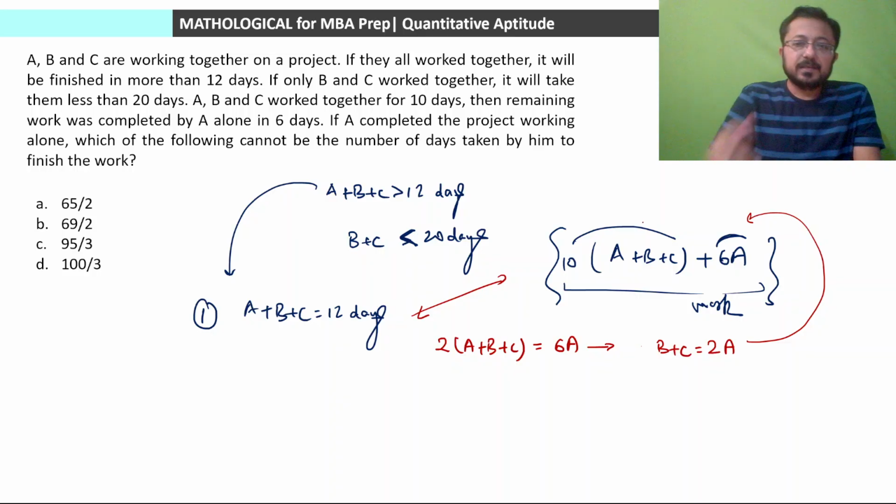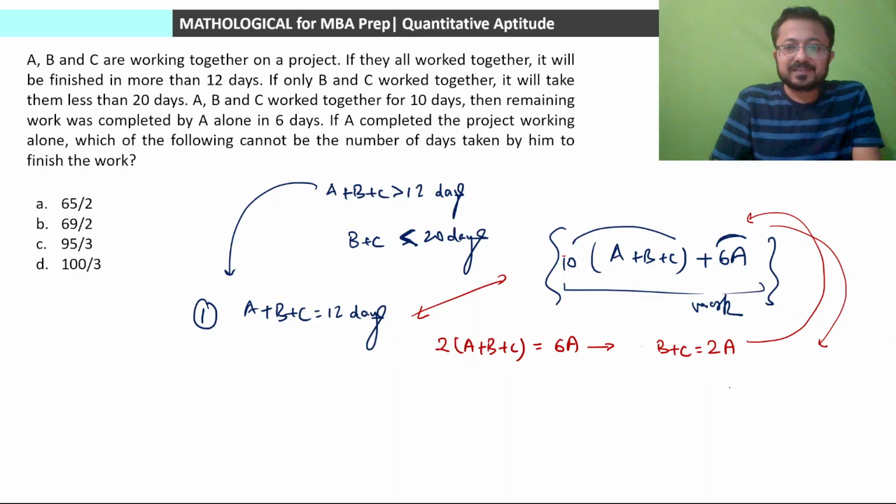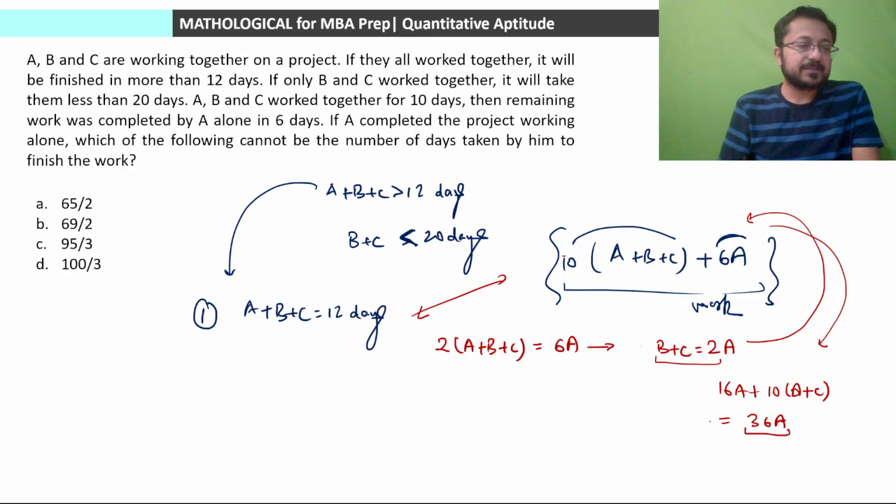So since in this equation A is working for 16 days, 10A plus 6A, 16A plus 10 times B plus C, and since B plus C is equal to 2A, put 2A instead, so this becomes equal to 36A, and A is taking 36 days. So as per the first condition, first extreme, A is taking 36 days.